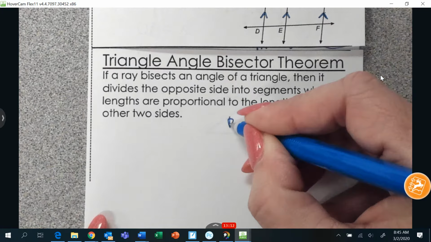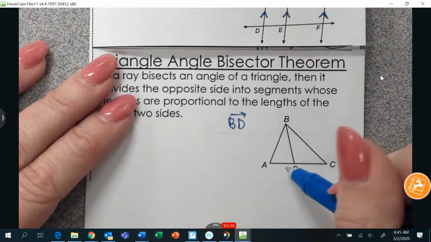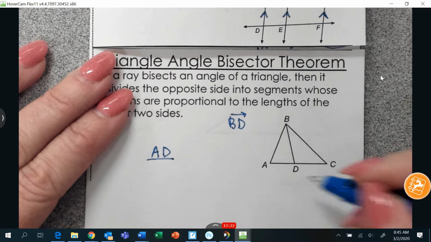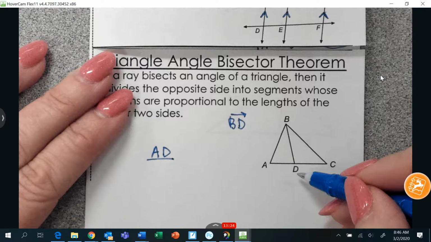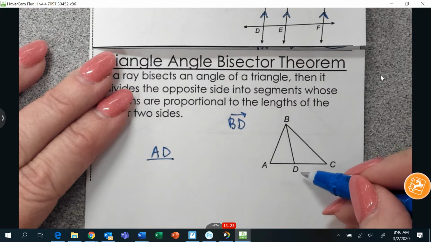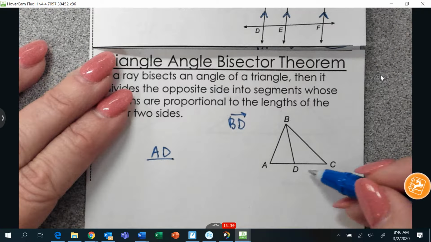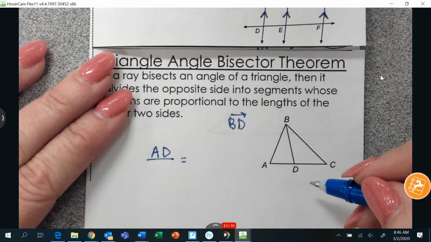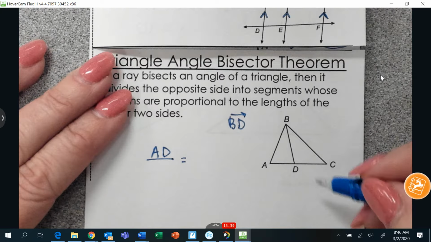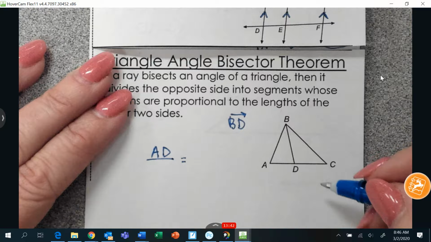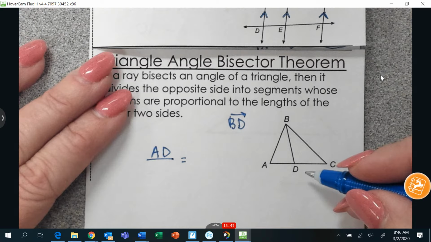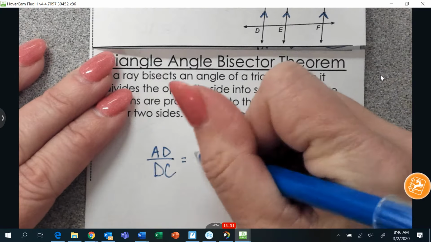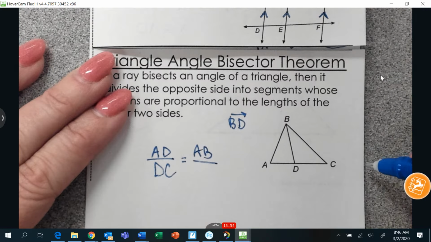The ray is going to be BD, and that is going to divide this bottom into AD, which is going to be proportional with DC, just as AB would be proportional with CB.